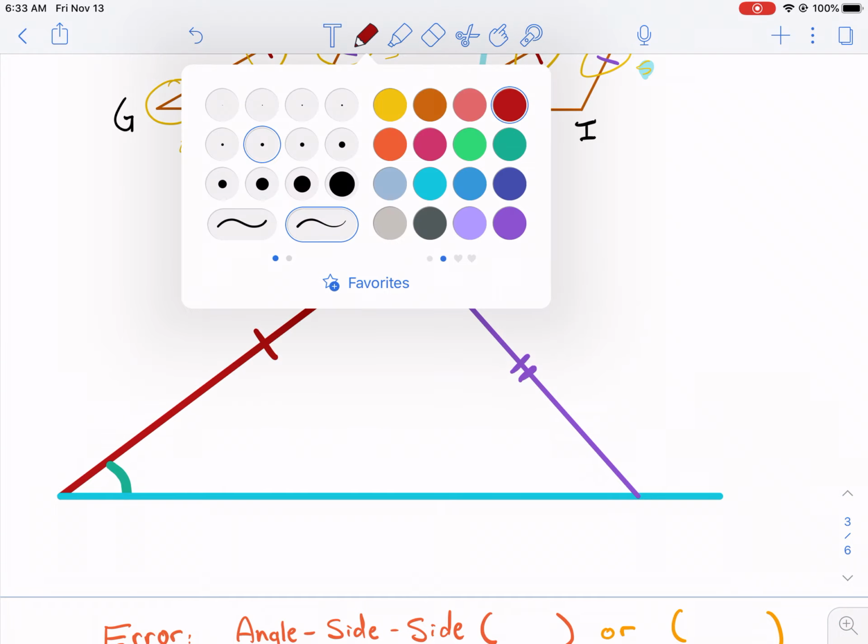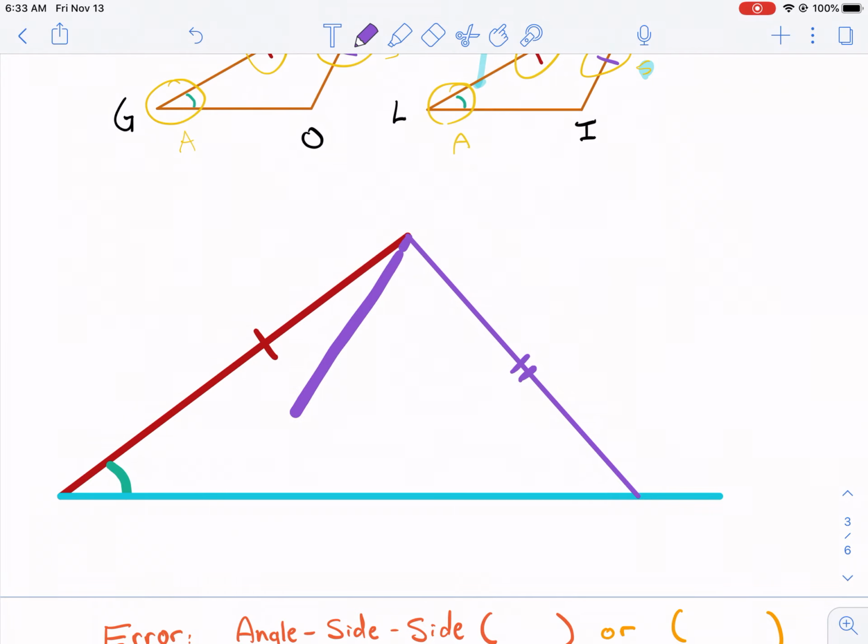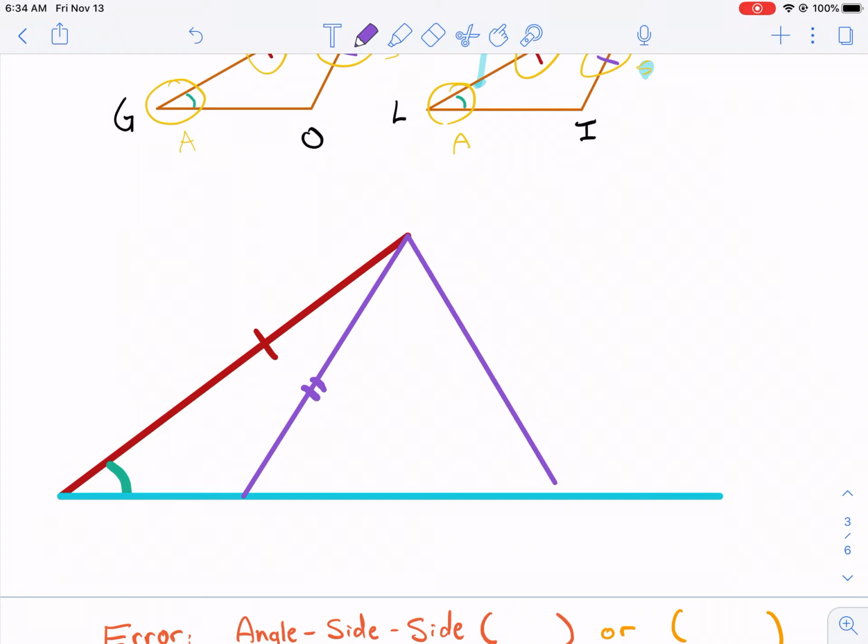We can create this one, or we can create this one. It's the same length. Let me make it a little bit more exact. There, that's better. It's the same length, and yet it creates two triangles.